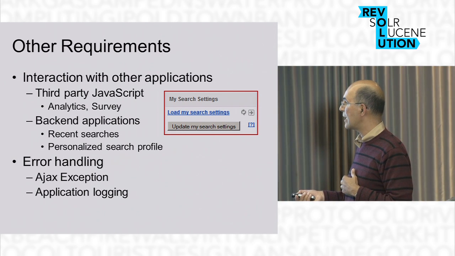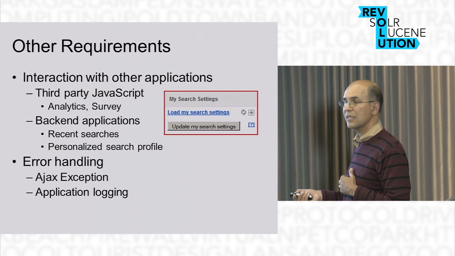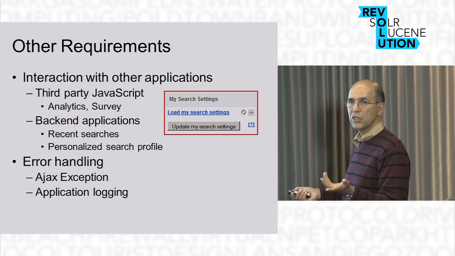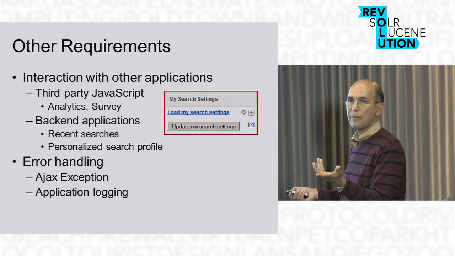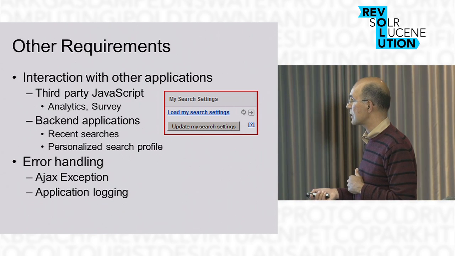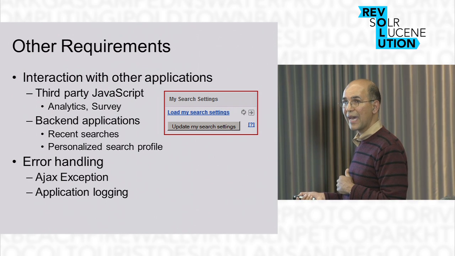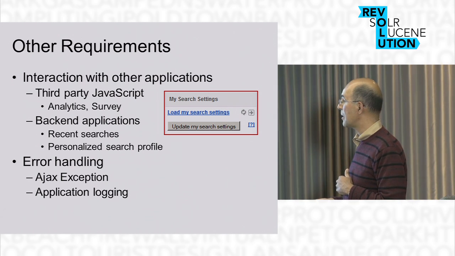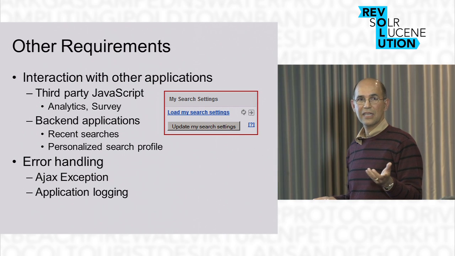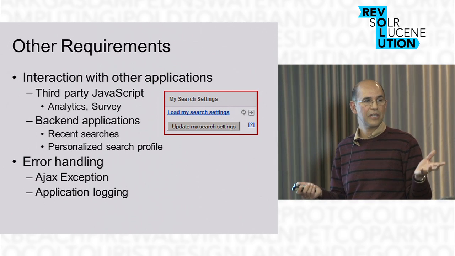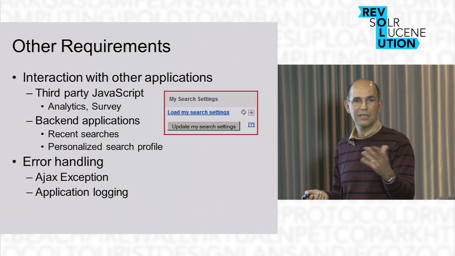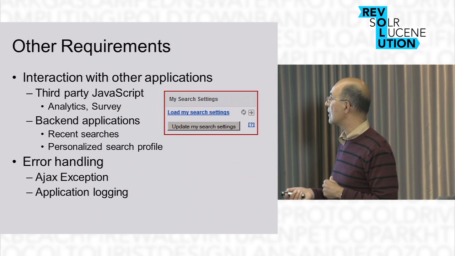So we had to catch that, treat that case accordingly, and show appropriate information to the user. Also, we wanted to log that information in the backend server. That's an important concept to remember, because we don't want to get a call from the user saying your application is broken. We want to see that in the backend and see what's going on.